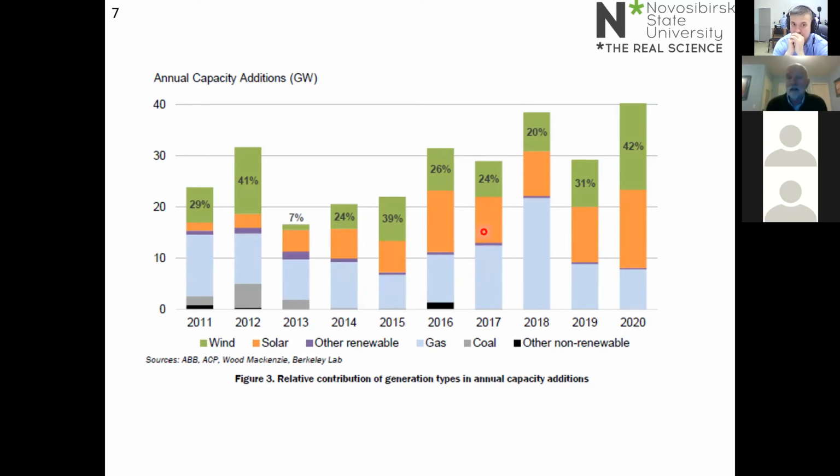Now, gas is actually a very good technology to have with renewable energy. Does anybody know the reason why I made that statement? Why do you think I said that gas is a good technology to have with wind and solar?